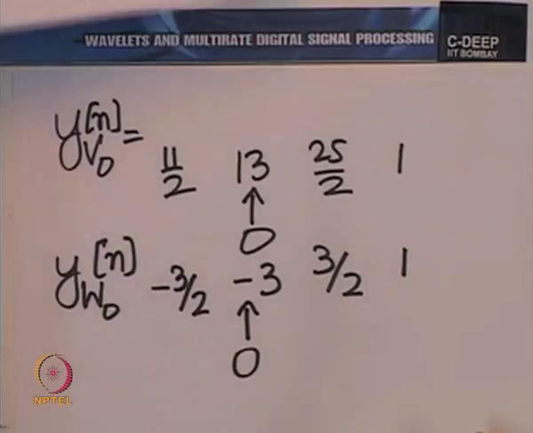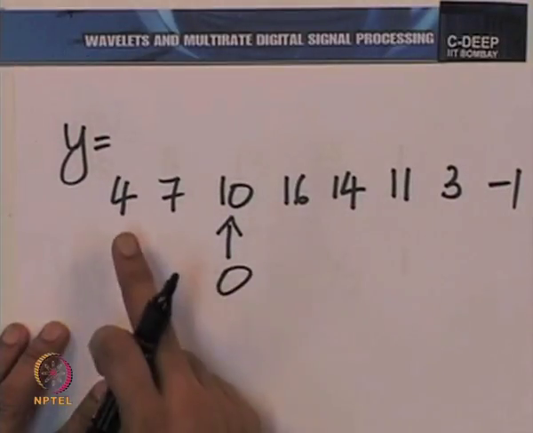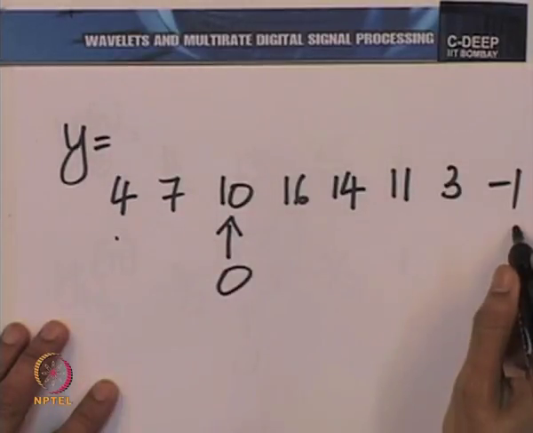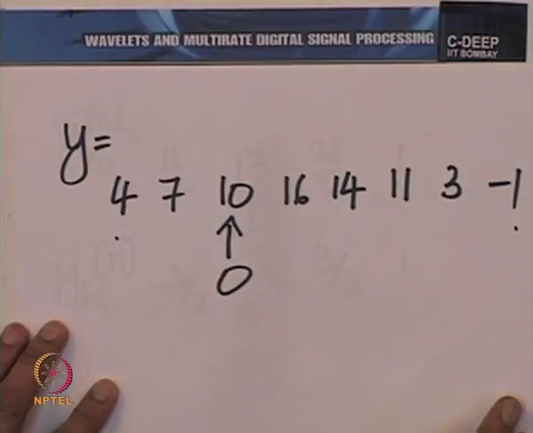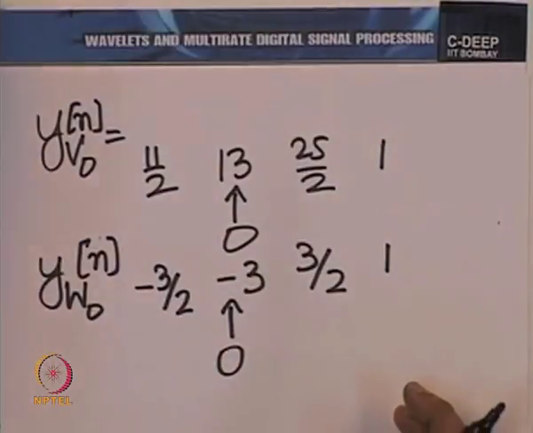Now, you see what I mean. If you look at this sequence, it has in the interval from minus 1 to 3, 2 plus 2 plus 2 plus 2, 8 values. And if you look at these two, they have only 4.